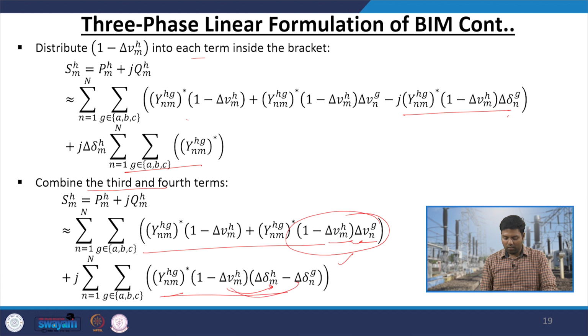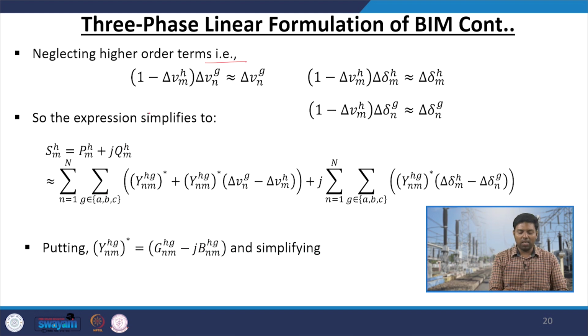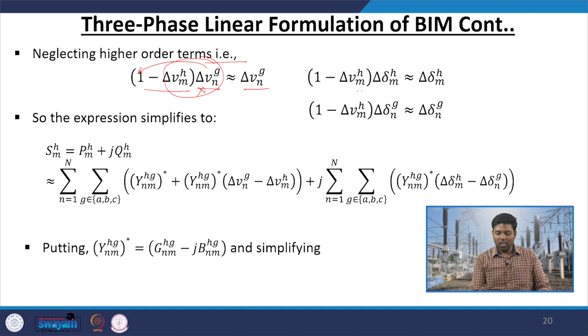Two first order terms, if you multiply them, you will get a second order term. Similarly here as well. So, the same term we can represent like this: 1 minus del Vm multiplied with del Vn, which you can neglect. So, this is only del Vn g. Similarly, this multiplication you can neglect and this will come only as del Mh.